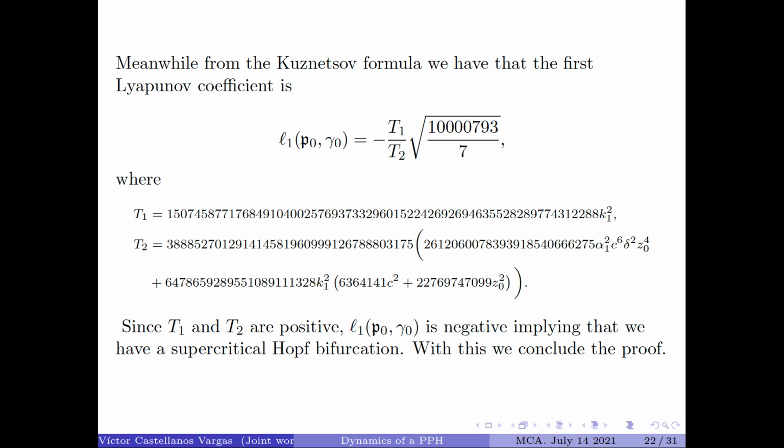But it's not easy because there are many parameters, and if you observe, this Lyapunov coefficient depends on the parameters K1, alpha 1, C, delta, C0, K, and only these parameters, because after we fix the other parameters.